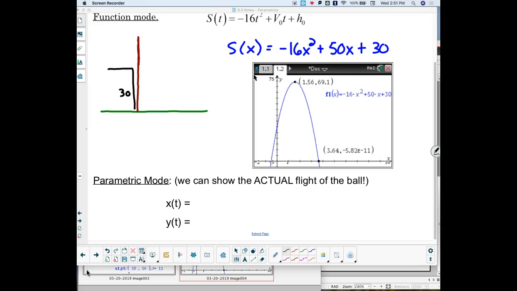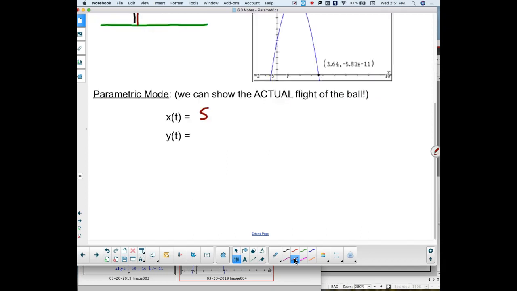So the horizontal component for my parametric can be any number that you want, because it's not going to be a factor. All you're doing with the X part with a vertical motion problem is setting where it is on your graph. So I'm going to set mine at 5. But again, this could be any number you want.